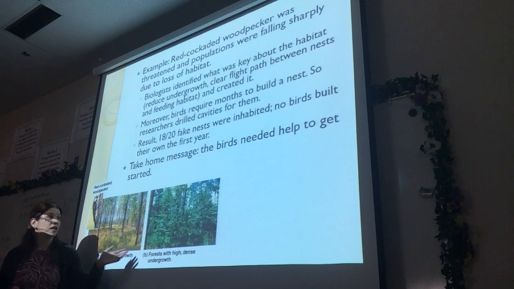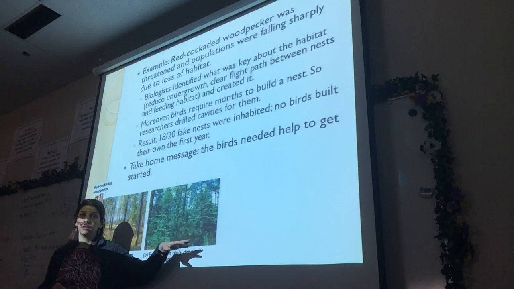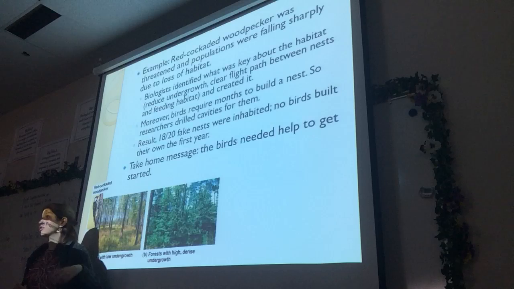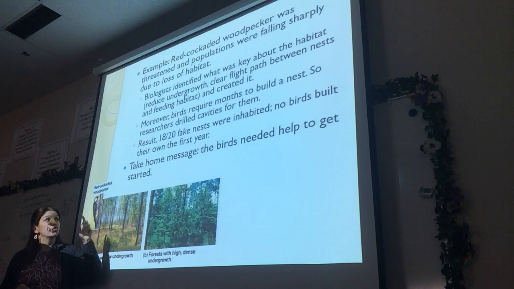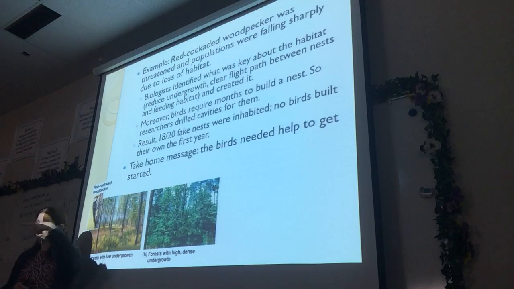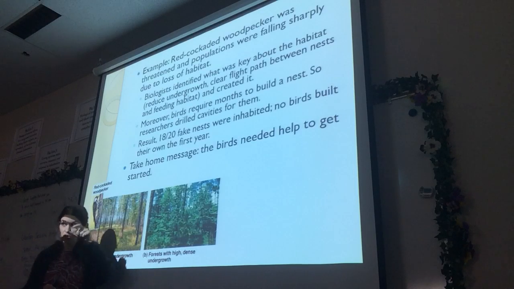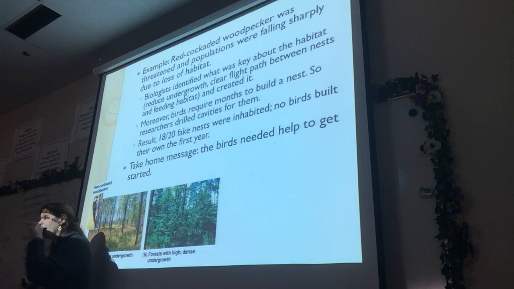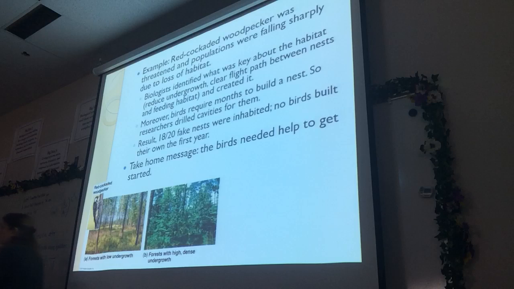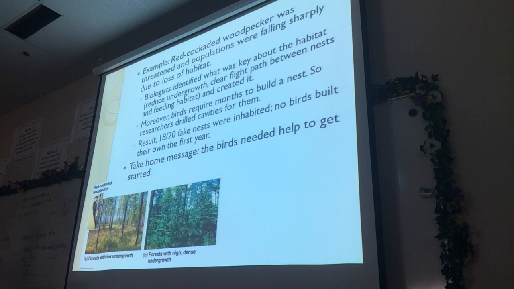So the scientists went in, cut down the shrubbery, returned the environment to the natural state, and then drilled little starter nests into trees. They drilled 20 little holes in trees, the size of a starter nest for the birds. They did not bring in any birds, but just set it up for the birds in a way that they thought would be ideal. A year later, 18 of the 20 fake nests were inhabited.